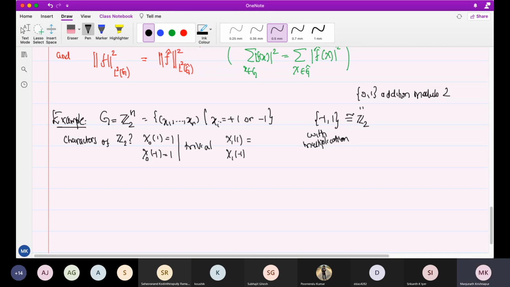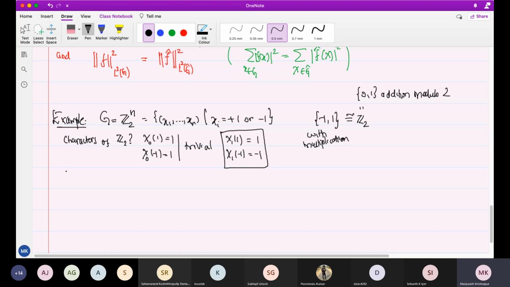You have to map to the circle group, so you can send minus 1 to minus 1 and 1 to 1. This is the non-trivial character. In terms of additive Z2, you would send 0 to 1 and 1 to minus 1. Identity is 1; 1 goes to 1 and minus 1 goes to minus 1. These are the two characters.